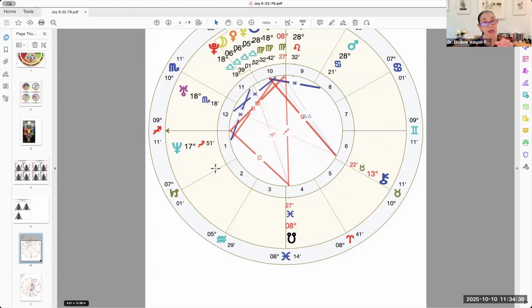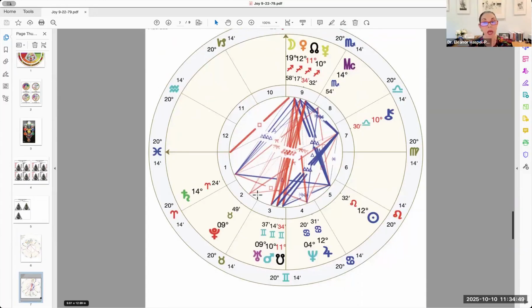And each 2.5 degrees of that 30 degrees is another sign. So I took your chart, put it in the computer, and we got the undercurrent of each sign. So your sun in Virgo has an undercurrent in the fifth house of Leo. The moon has an undercurrent of Sagittarius.